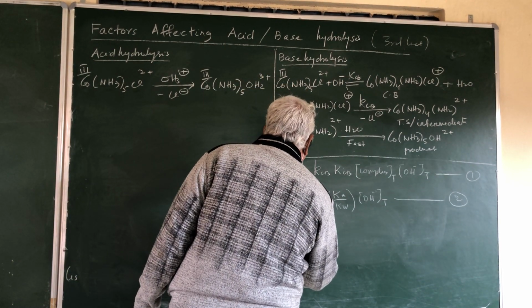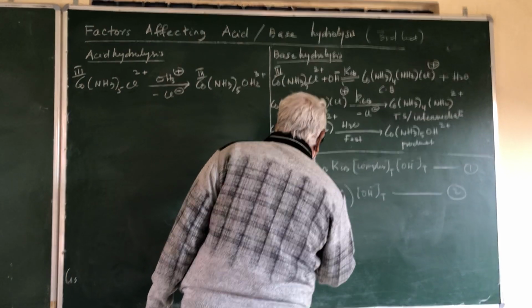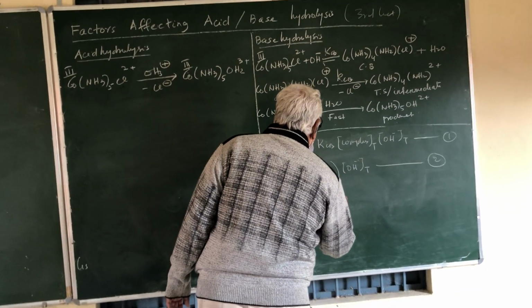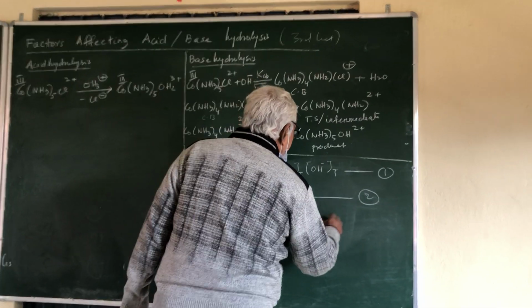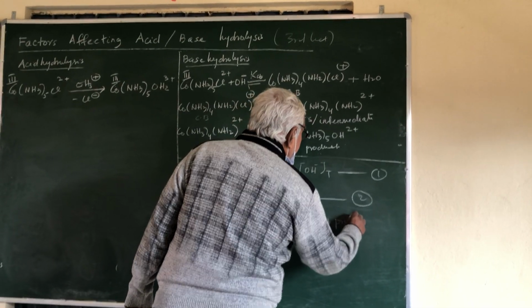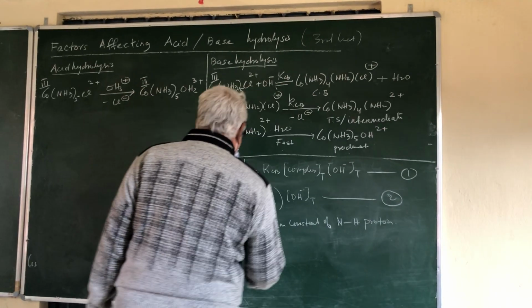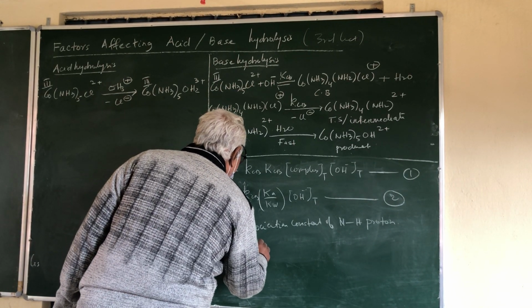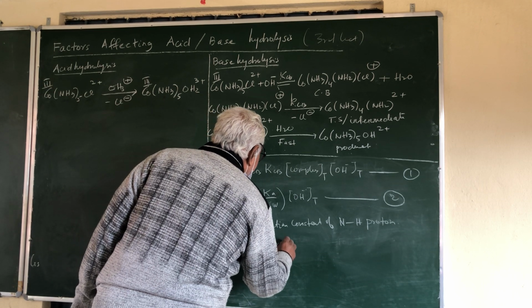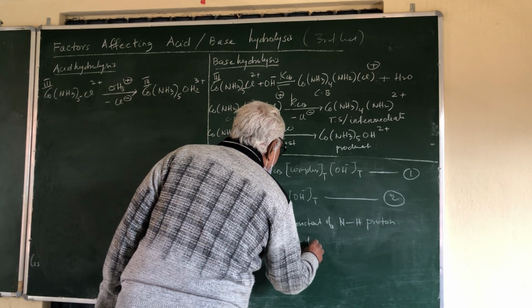K is the dissociation constant of the NH proton, and Kw is the ionic product of water.